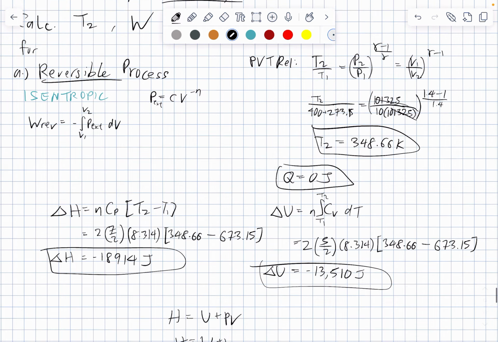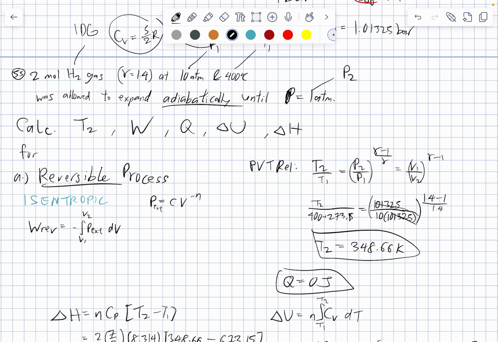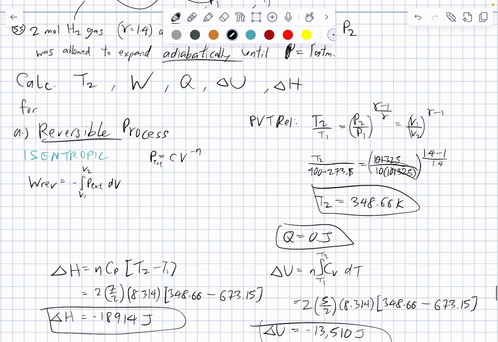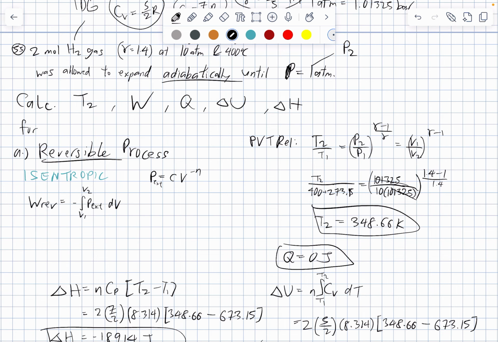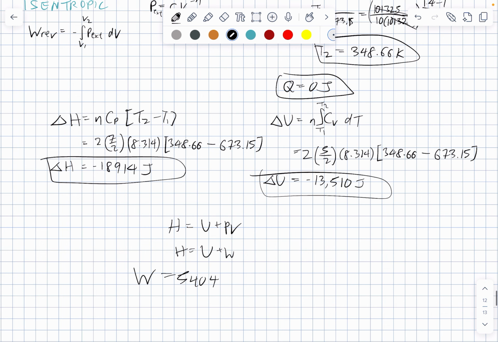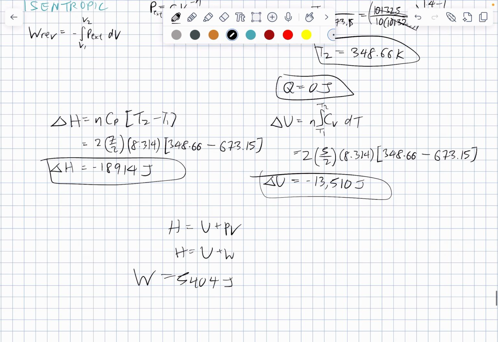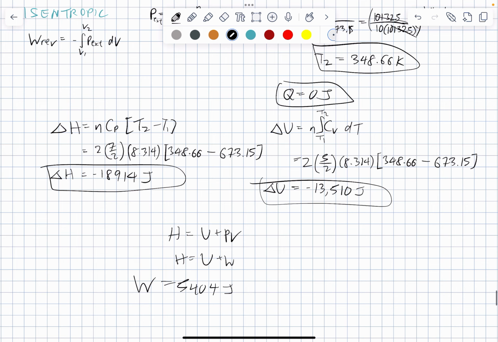Let's just see if it works, but it's definitely not right. It's definitely wrong. Let's convert this to calories.